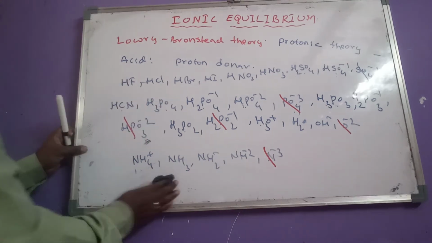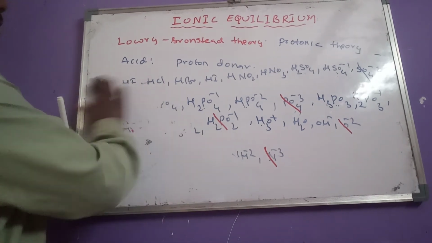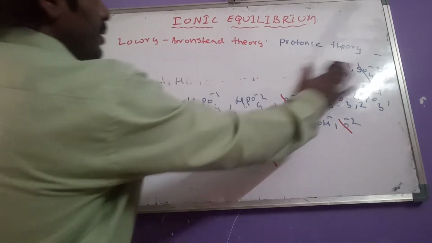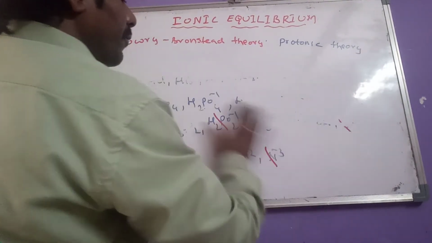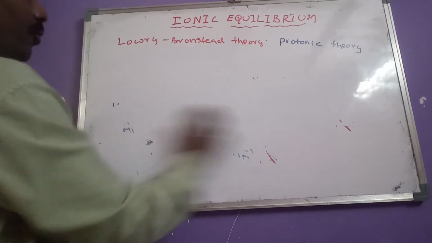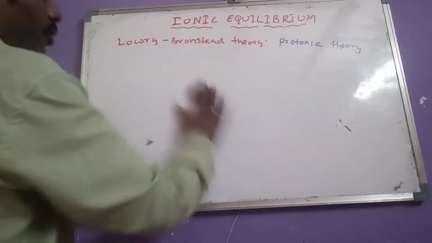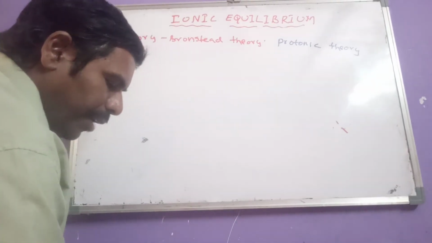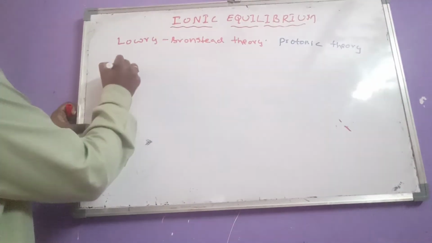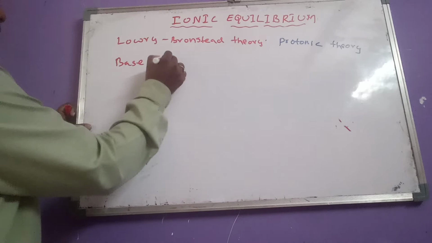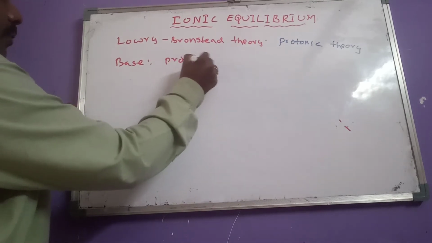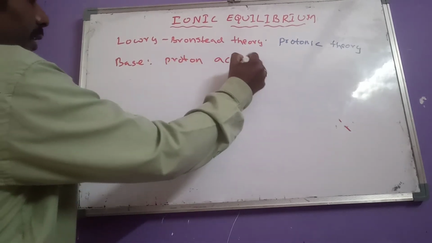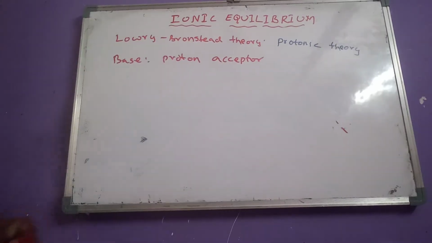Okay, now let us see the examples of bases and the definition of a base as per Lowry-Bronsted theory. As per Bronsted-Lowry theory, a substance which accepts a proton from other substances is known as a base.